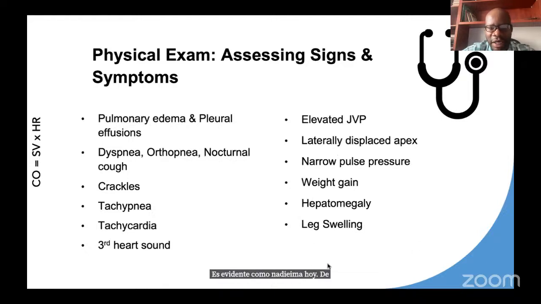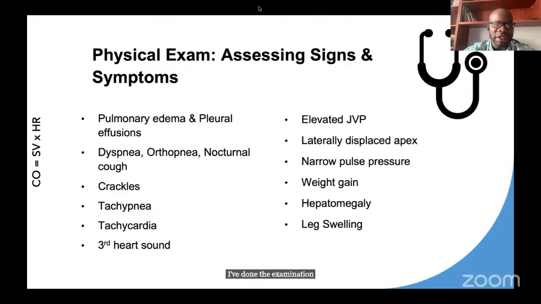Then in terms of the cardiovascular examination, tachycardia with a third heart sound, commonly referred to as gallop rhythm. You can have an elevated jugular venous pulse and a laterally displaced apex, which shows cardiomegaly, and narrow pulse pressures. On abdominal examination, remember, you can have ascites, which is a sign of cardiac failure, and hepatomegaly, also a sign of right-sided congestion.